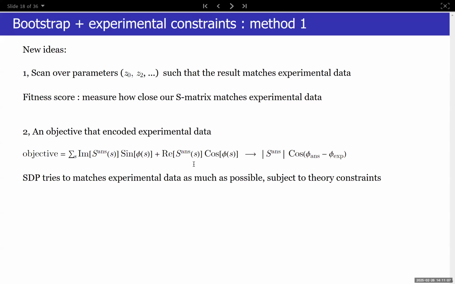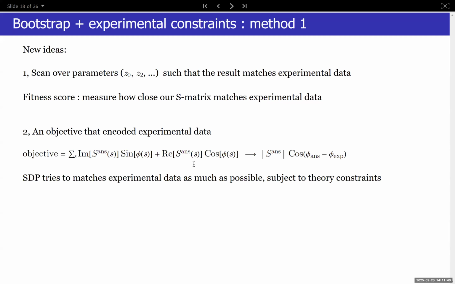That's the norm of the S matrix ansatz times the cosine of the phase of the ansatz minus the phase shift of the experimental data. If you maximize this expression, that will force the phase of the ansatz to match the phase of the experiment. But this expression can be written in this way.